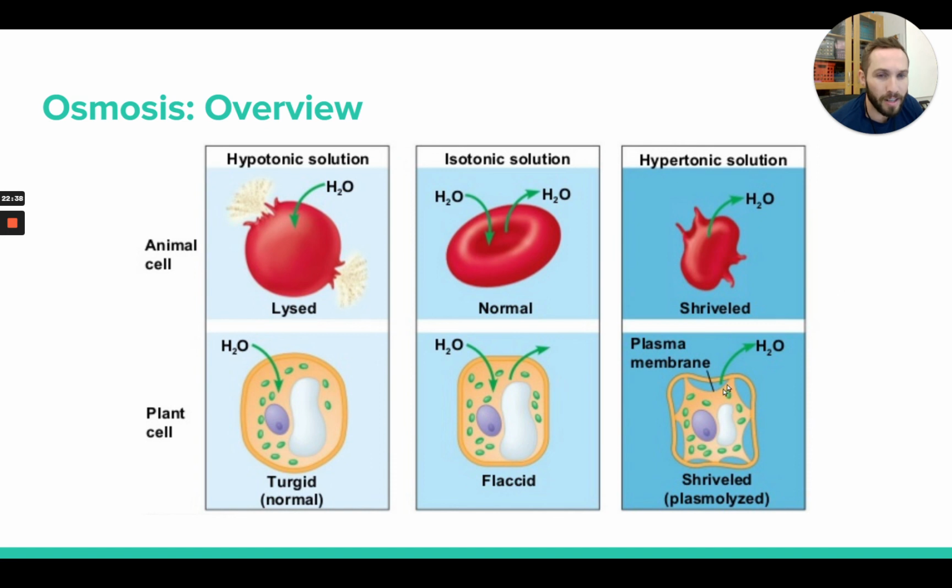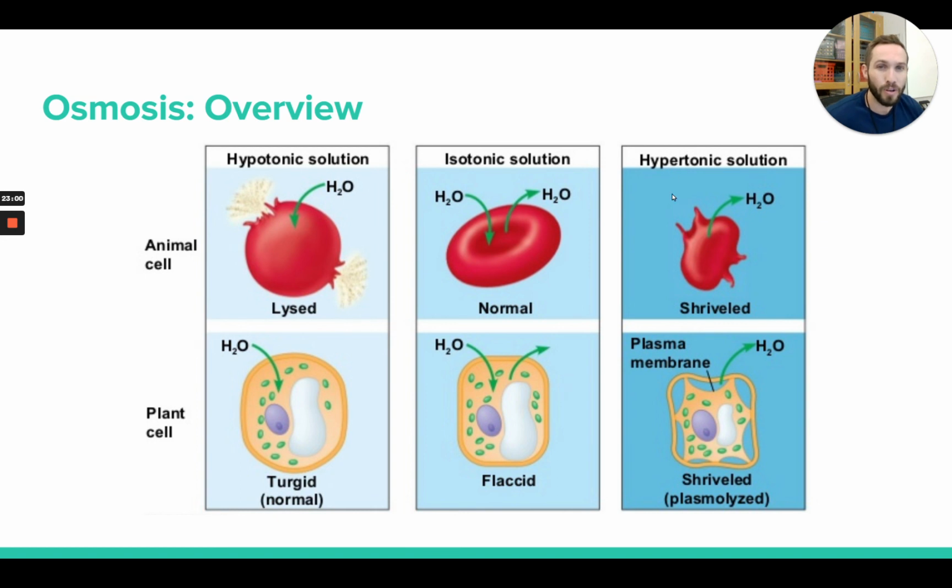So you have the cell wall and then this pinching inward of the plasma membrane. We call that plasmolysed. But it's the same situation where that's not good. Plant cells don't want that, animal cells don't want that. And so make sure you memorize these words and you know that hypotonic means less concentrated and hypertonic means more concentrated. And be careful with how the word is used.